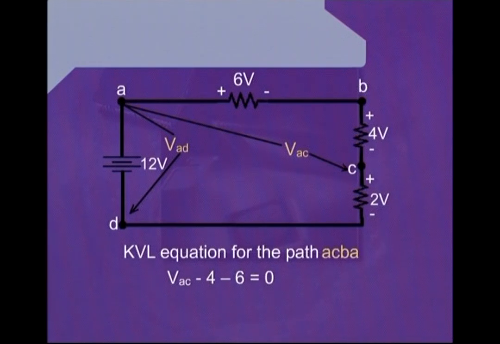Therefore, we will write minus there, and the voltage drop across this resistance has been given as 4 volts. Therefore, we write next to that negative sign 4. And we go through this circuit element and reach point B.